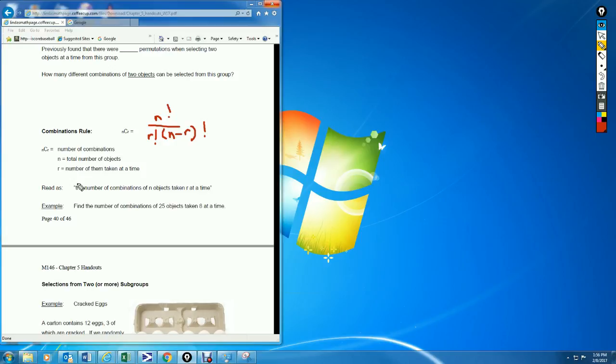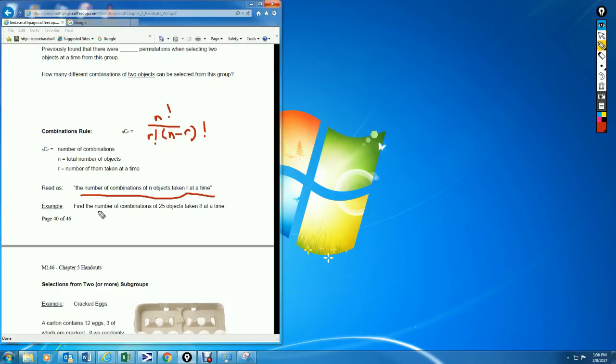Okay? So nCr is the total number of combinations. n is the total number of objects. r is how many of them you are taking at a time. And you would literally say this as the number of combinations of n objects taken r at a time.